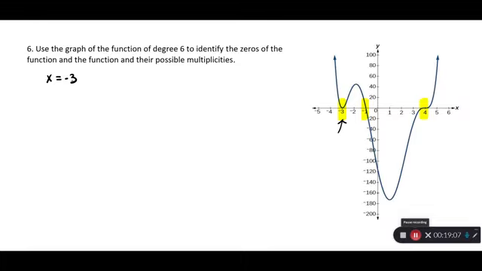But that zero happens an even number of times, and I know this because it touches the graph. It doesn't go through. So it's either twice, or 4 times, or 6 times, and so on. I stopped at 2 because it says that our degree is 6. Next, I have it going through at -1.